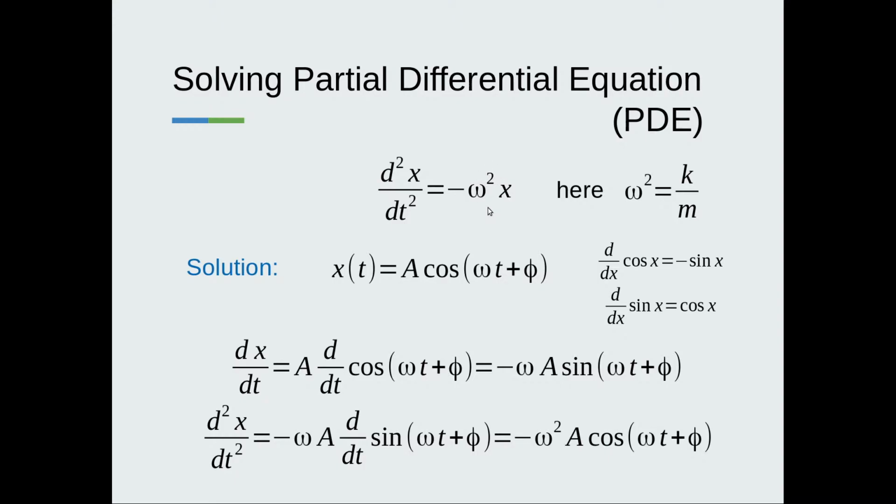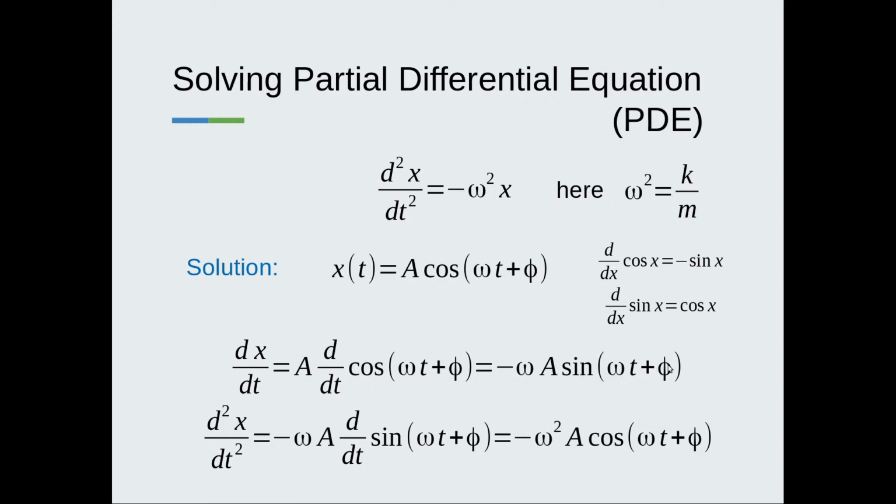Okay. And here are just the derivations that I just described. When you take the first derivative, you have the amplitude here, you have one omega here, you have the minus sign because of this, and your cosine turns into a sine function.